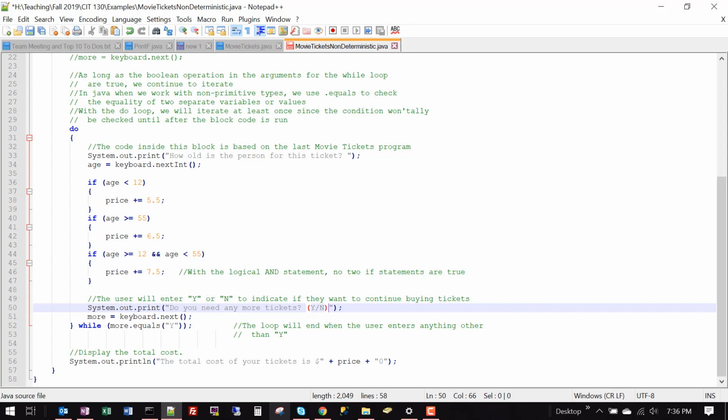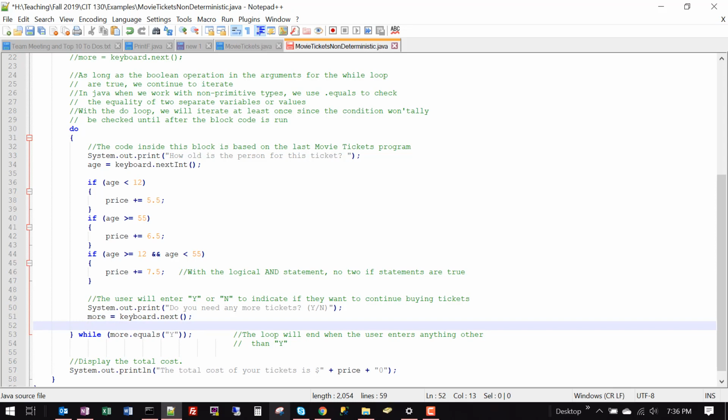But one of the things we could do to allow the user to enter a variety of different things that count as an affirmative is something like this.